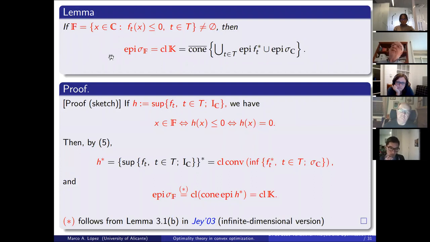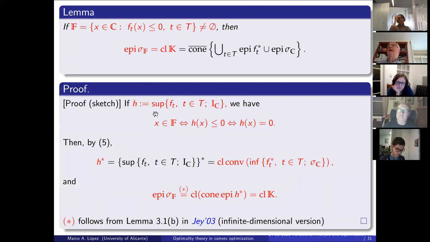Then the epigraph of the support function of the feasible set coincides with the closure of the characteristic cone, which, remember from the previous slide, is the convex cone. I put a bar here just to mean that I'm closing this set. Let me show a sketch of the proof. Actually, it's almost the complete proof.